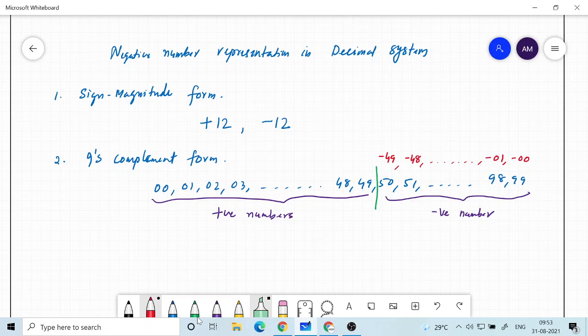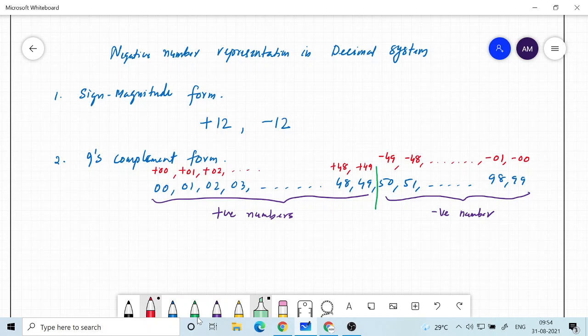So the magnitude of these numbers is only up to 49. With 2 digits it is only up to 49, and the sign can be either positive or negative. So this is the mapping which I have shown here. All of these are the same as plus 00, plus 01, plus 02, etc., and then plus 48, plus 49.